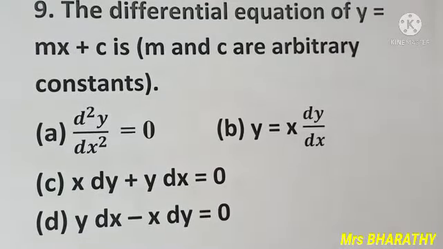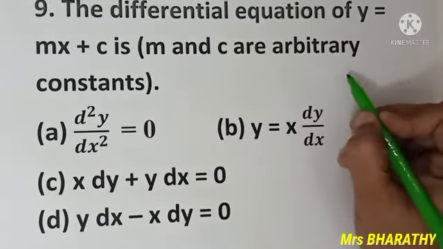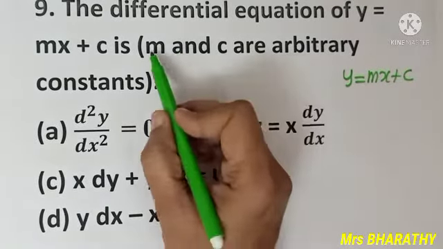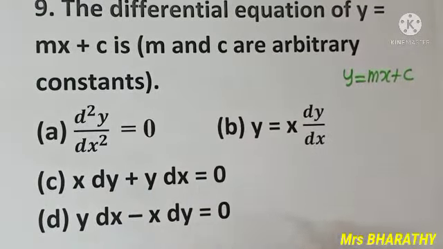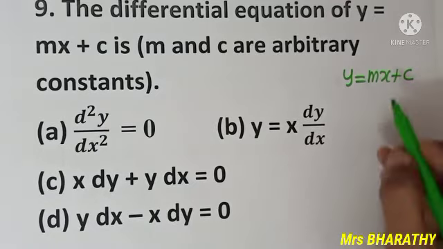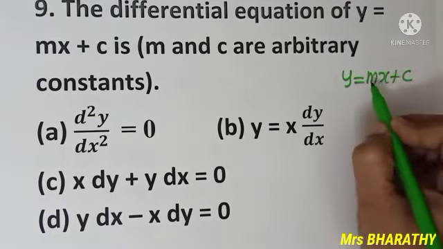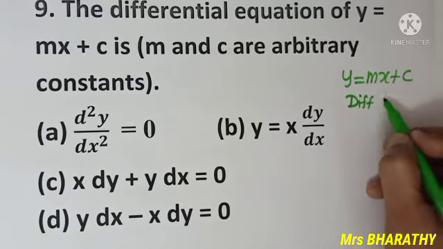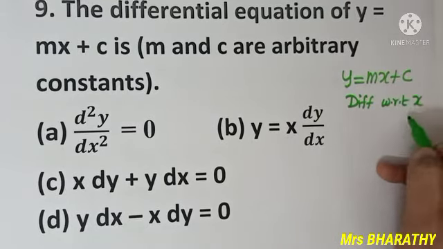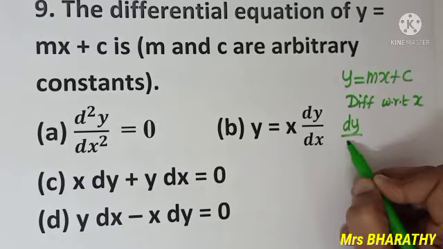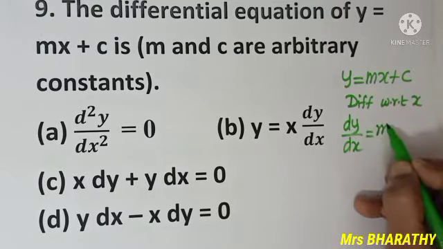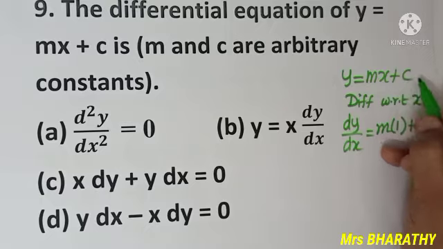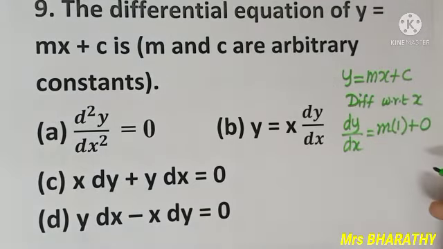Question number 9. The differential equation of y equals mx plus c. Given m and c are arbitrary constants, that is, there are two constants. So we need to differentiate twice. First time when I differentiate with respect to x, y becomes dy by dx, m into x will become 1, c constant will become 0.